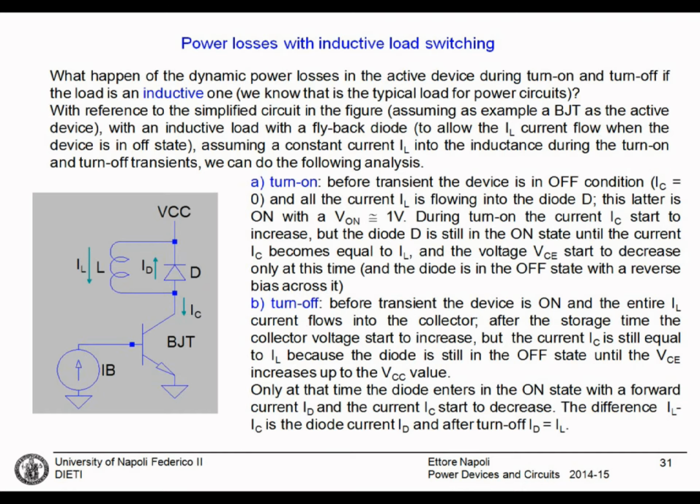The device is off. At a certain point, the device will turn on, the gate or the base will be at quite high voltage, a current will go through the base, and this device starts to switch on. What should happen is that the current increases and the voltage decreases. For a resistive load, we would see a current increasing and a voltage decreasing at the same time.